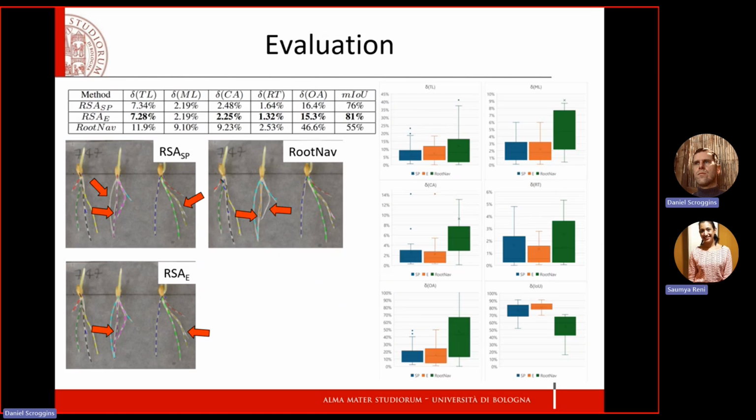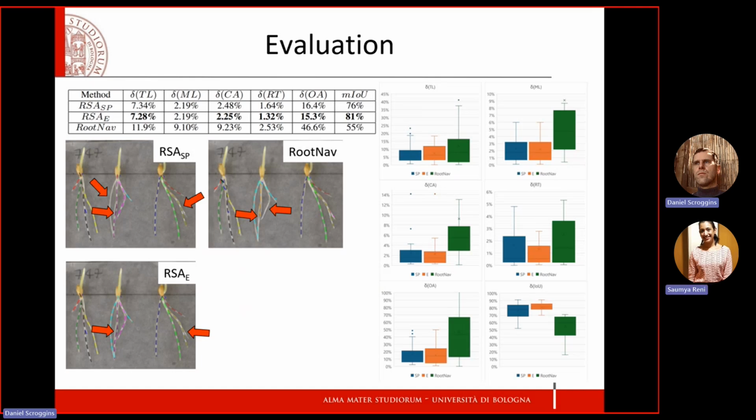And the results show that the new method, called enhanced method, achieved the best performance in most indicators. And visually, it is also noticeable that it is the most accurate method because it is the one losing the minimal number of roots.